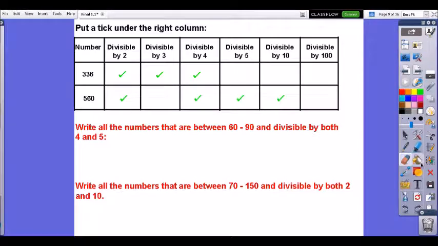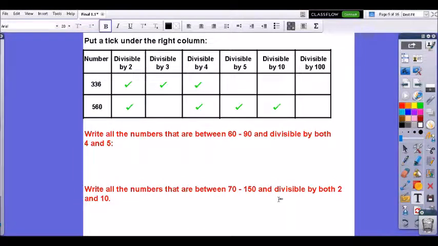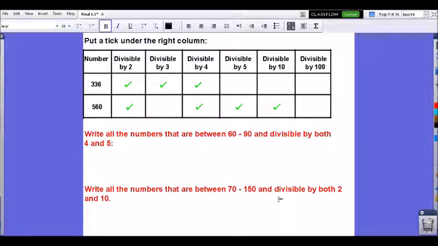Okay. Here, we need to write all the numbers that are between 60 and 90 and divisible by both 4 and 5. Well, to do this, we need to find the numbers that are divisible by 5, and we take the number that is bigger first.